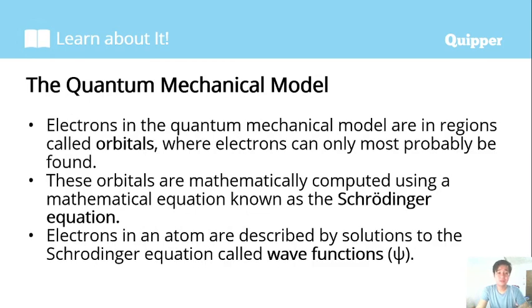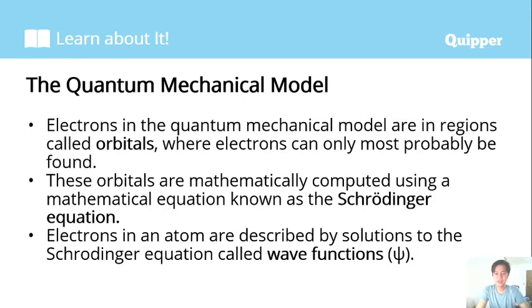Now, the word orbitals is used in the quantum mechanical model of the atom. Orbitals are regions where electrons can be mostly found. In Niels Bohr's model, they are called orbits, where electrons can be found. But in the quantum mechanical model of the atom, they are called orbitals, the regions where we can most likely find electrons.